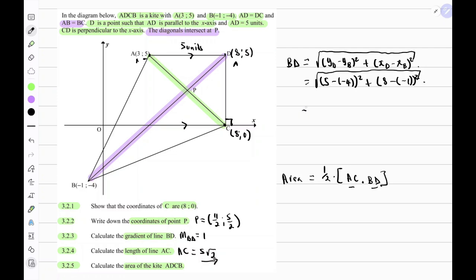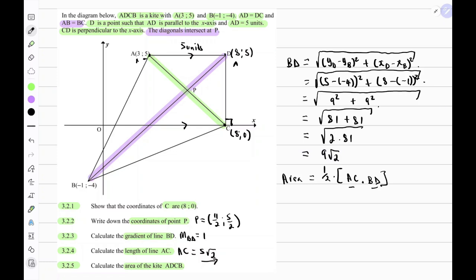So this here is equal to the square root of 9 squared plus 9 squared. This is equal to the square root of 81 plus 81, which is equal to the square root of 2 times 81, which is equal to 9 square root of 2.